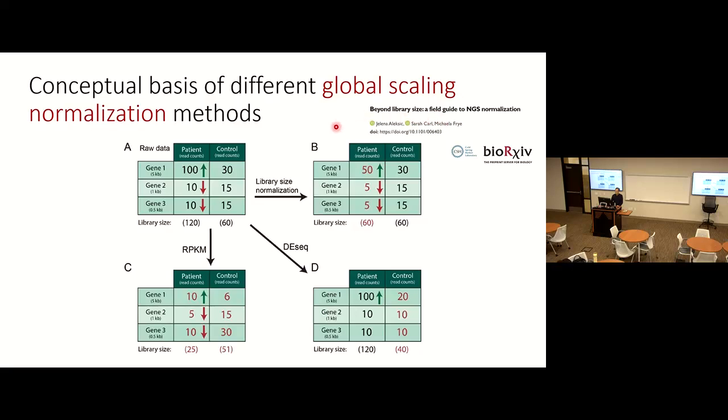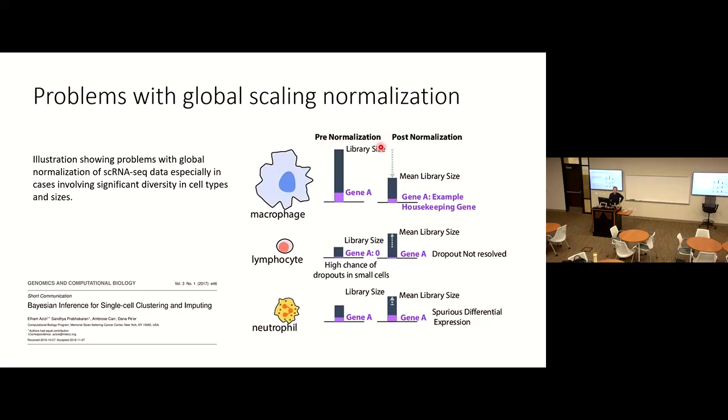So for us, we just remember this, okay? Normally we will do this, but as I said, there's some problem associated with this. This normalization is very rough. We don't consider that different cell types have different library size expectations.